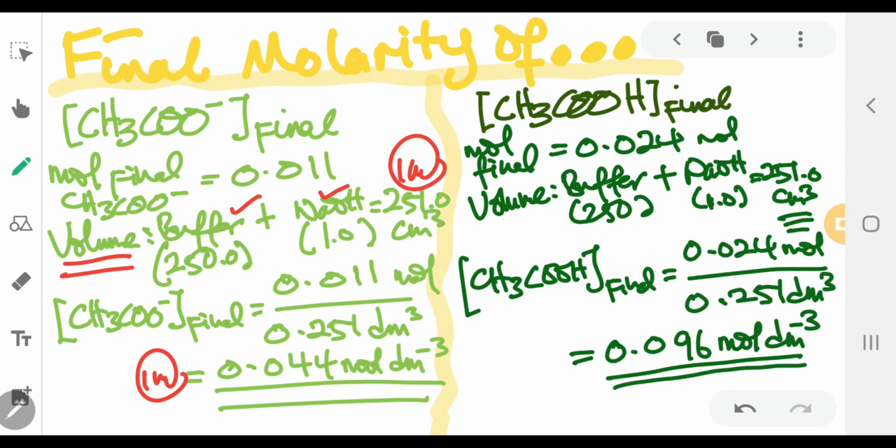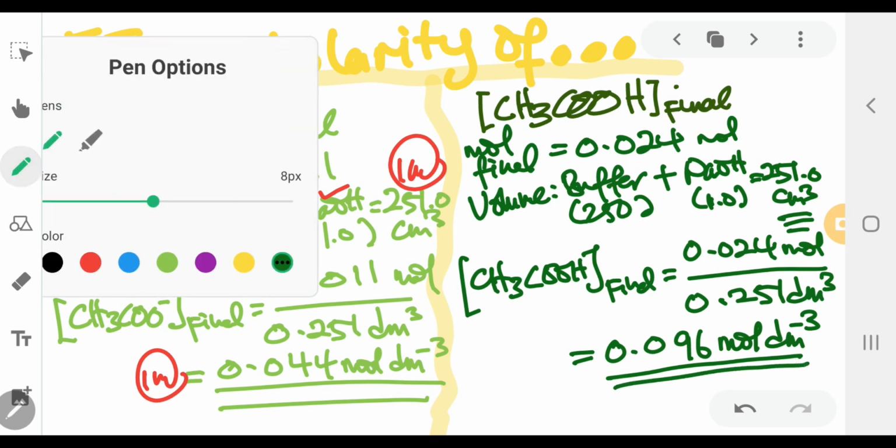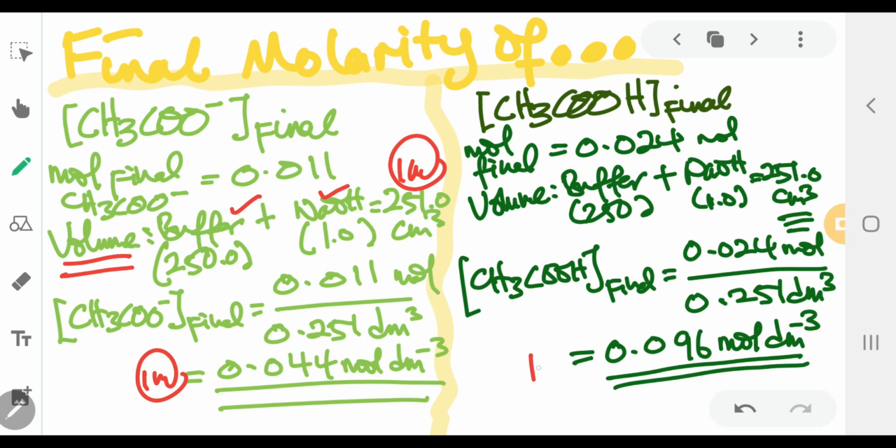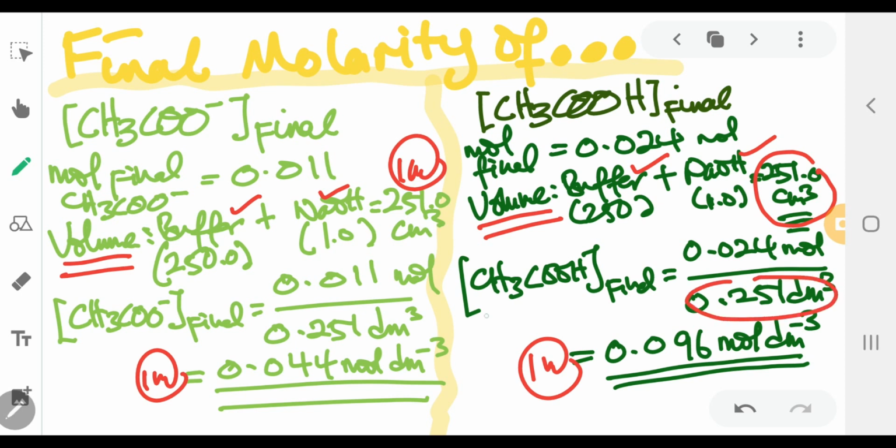That is the final molarity, and you get 1 mark over here. Okay, remember the volume is still going to be buffer plus the NaOH, then you get 251 centimeter cubic, and you change that into decimeter cubic when you want to find molarity.